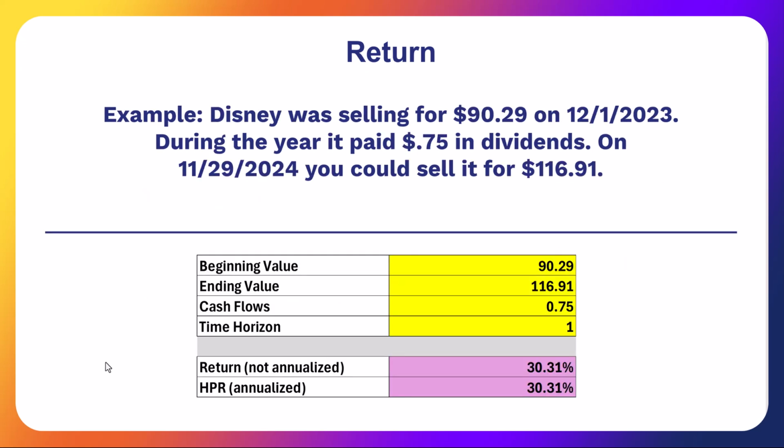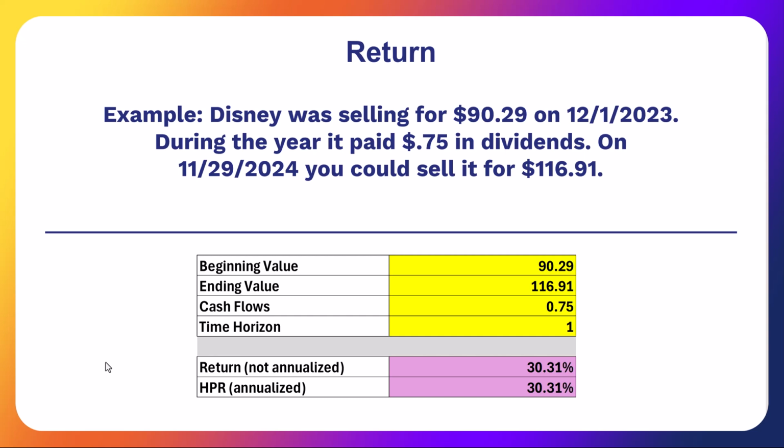Here is an example of how we could calculate this. Disney was selling for $90.29 on December 1st. During the year, it paid 75 cents in dividends. On 11/29, you could sell it for $116.91. How can you calculate that return?